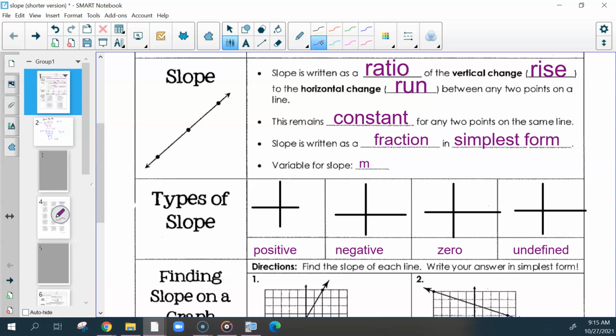I'm going to draw makeshift graphs on these. You can do the same. For a positive slope, it's going to look something like this.